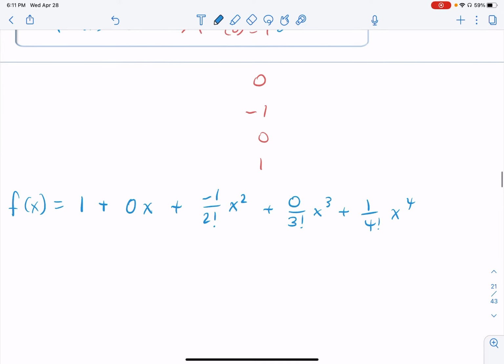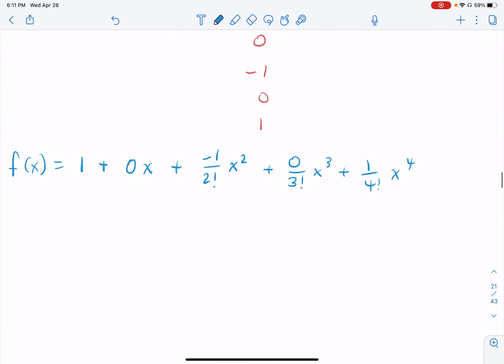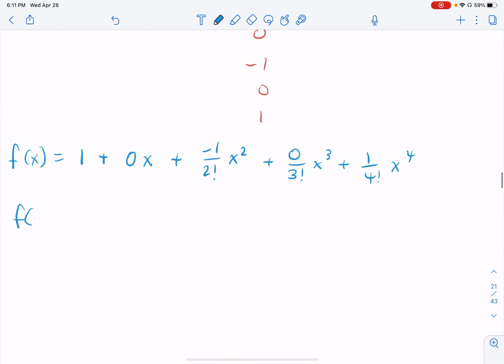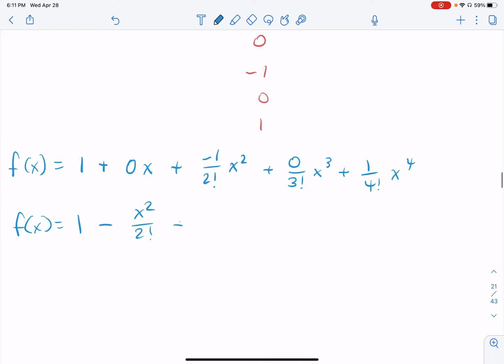And okay, so maybe I get rid of all these 0 terms here. F of x is equal to, it's starting with 1 here, the 0x is gone, and then I'm going to rewrite the next term as a negative x squared over 2 factorial. The x cubed one is gone, and then I'm going to have the x to the fourth positive x to the fourth over 4 factorial.